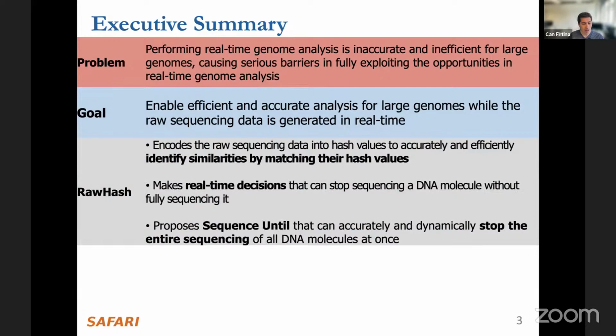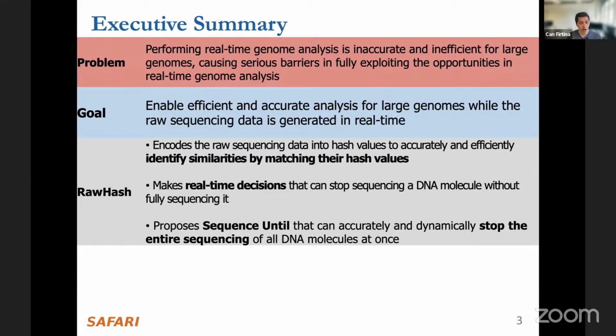So RawHash has mainly two steps, and additionally, it proposes one novel technique to reduce the sequencing time and cost. In the first step, RawHash encodes the raw sequencing data into hash values so that we can accurately and efficiently identify similarities by simply matching their hash values.